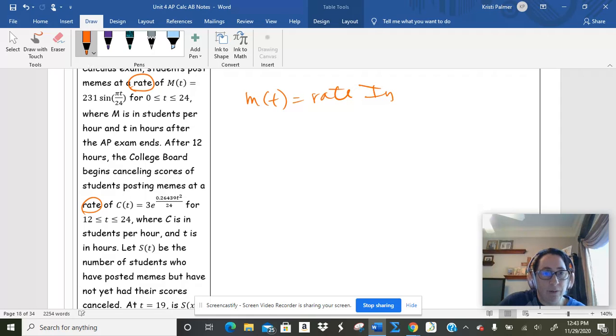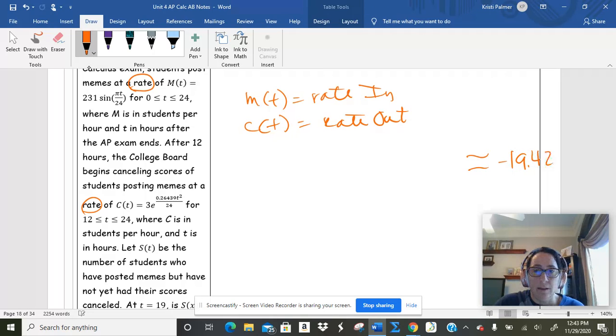This is the rate being removed, okay, that they're going to go cancel them, is my rate out. This is funny. I like this question. I didn't make it up. I found it. I thought it was really funny because it's true. Okay. And I want you to go answer this question on your own and see if you get negative and make sure you know what that means.